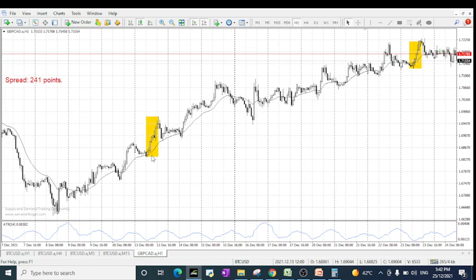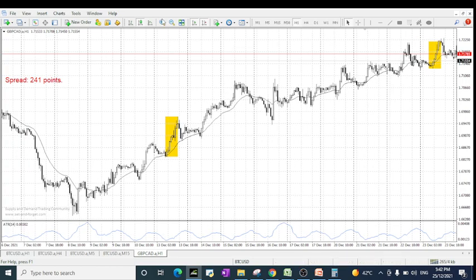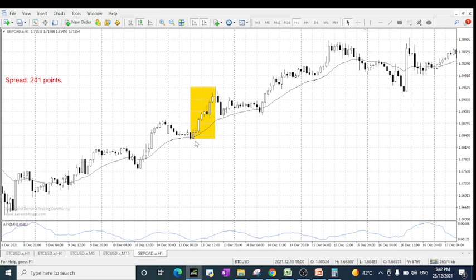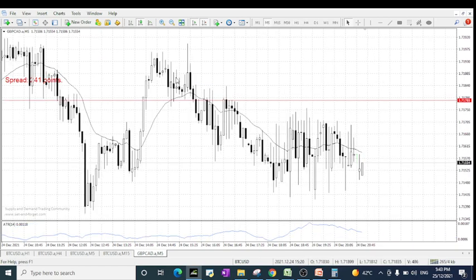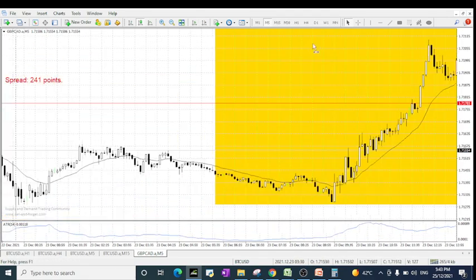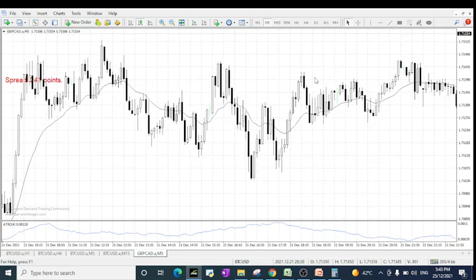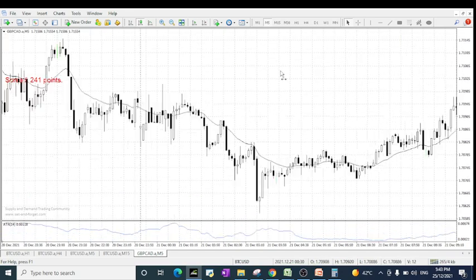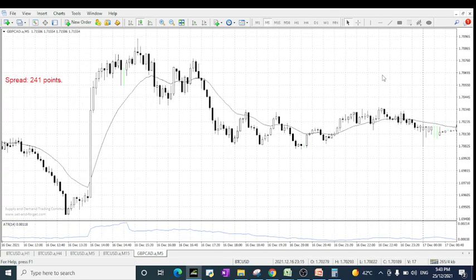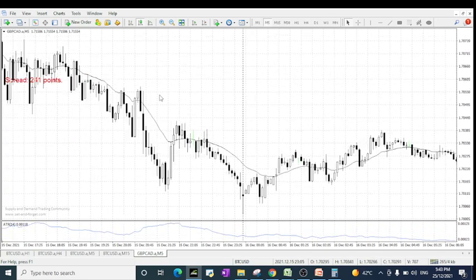You see the same thing. On a higher time frame, it's just a series of bullish candles making higher highs and higher lows. That's what it is. On a lower time frame, it looks like a big trend. So you always use multiple time frame analysis. Where is it? 13th of December.